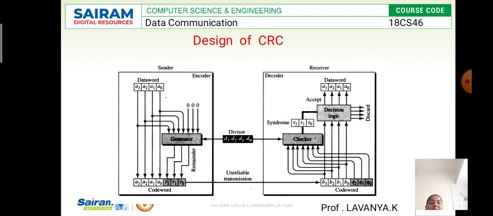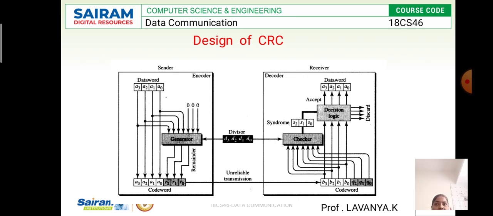The size of the data word is augmented by adding n minus k bits, that is, 3 extra bits at the right-hand side of the word. The n-bit result is fed into the generator. The generator uses a divisor of size n minus k plus 1, that is, one more bit.